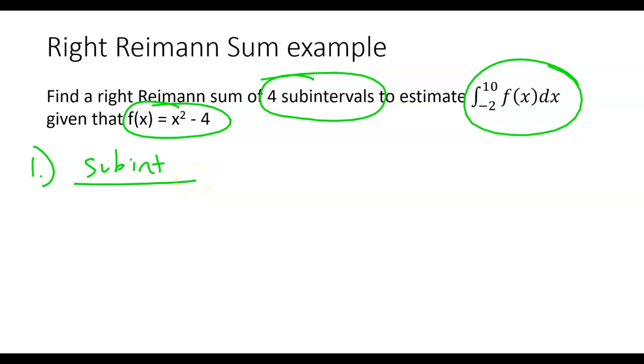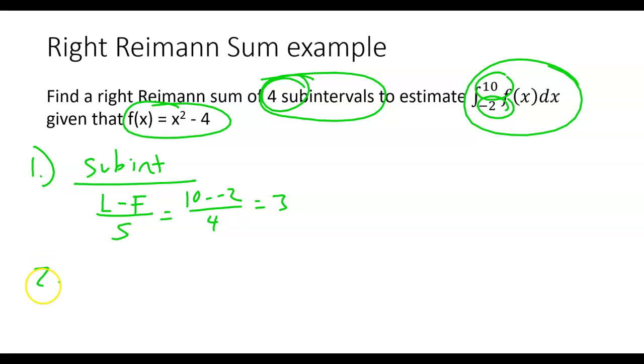How do you do that? You take your last number, you subtract from it your first number, and you divide by the number of subintervals. So that's going to be 10 minus a negative 2 over 4, which is 3. And that means your subintervals are going to be 3 units long.